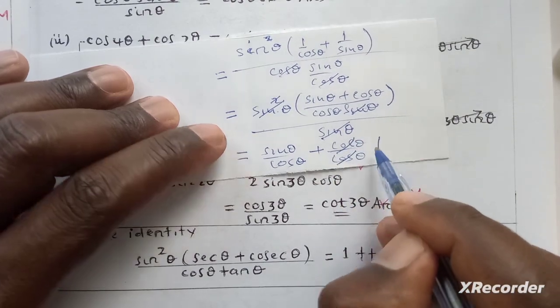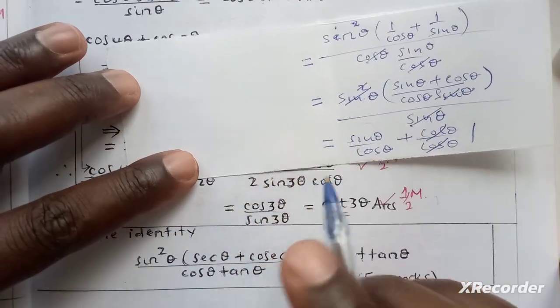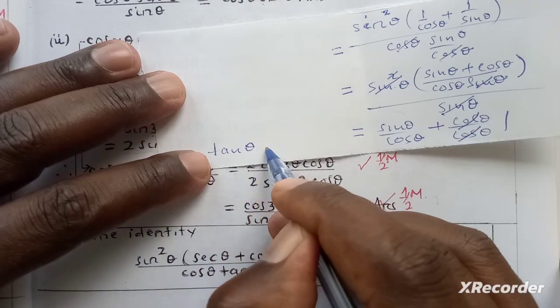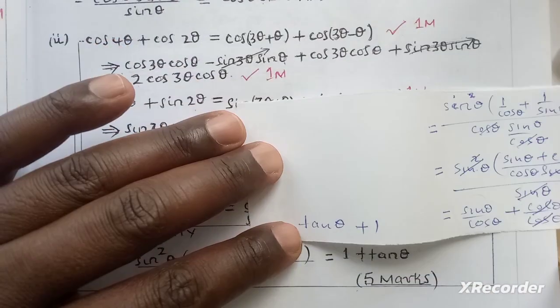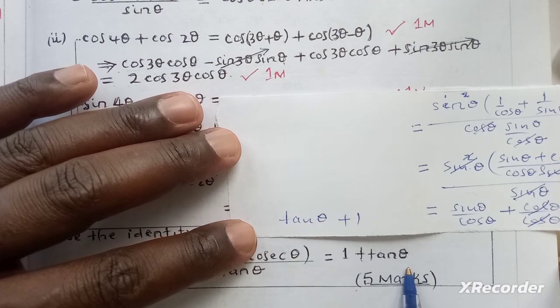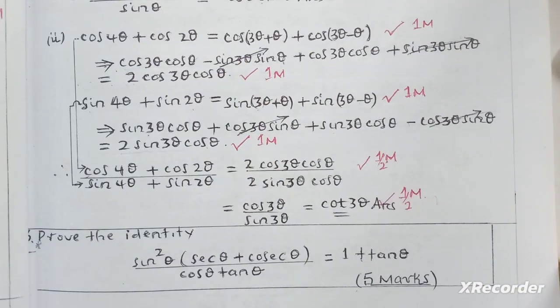So this one is 1, or this one is tan. So finally our answer is going to be tan theta plus 1, and that's what we are looking for. You can see this one is the same as that. So that's how this question is supposed to be done.